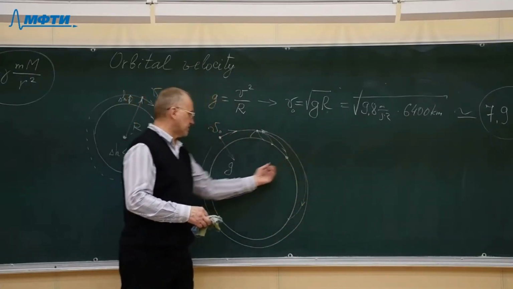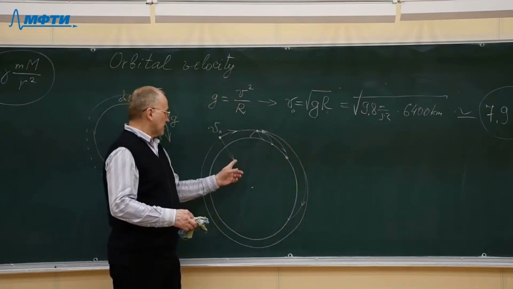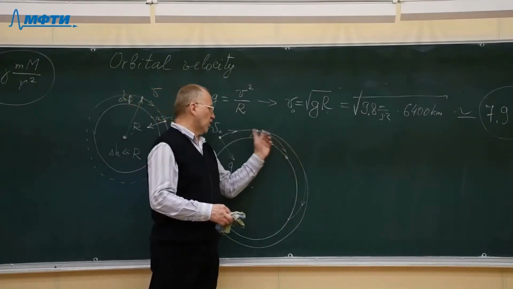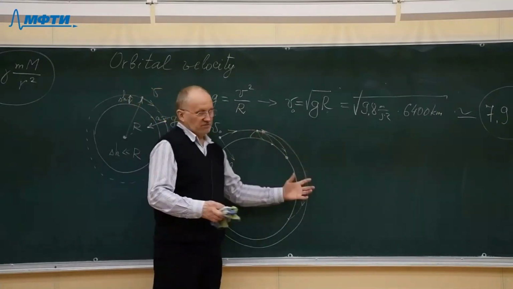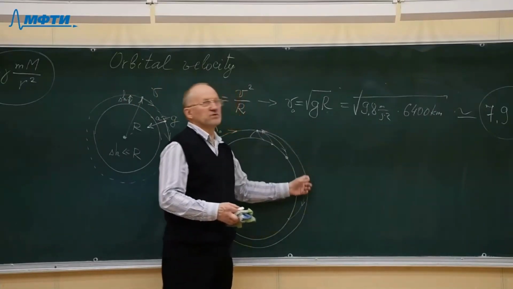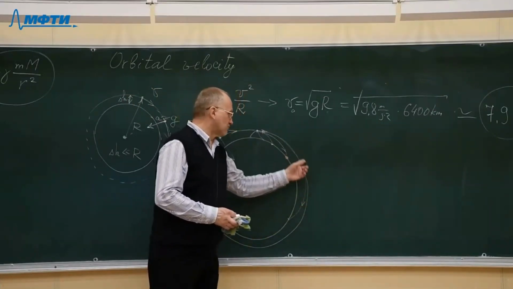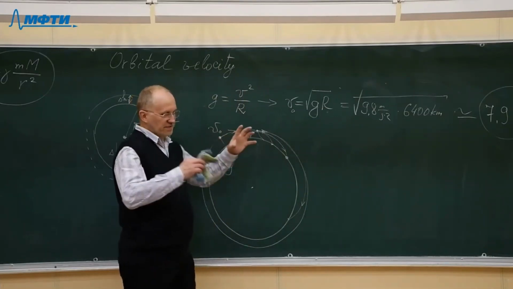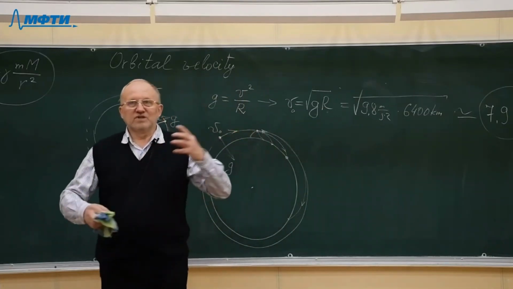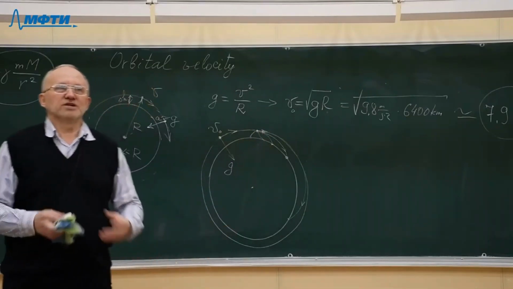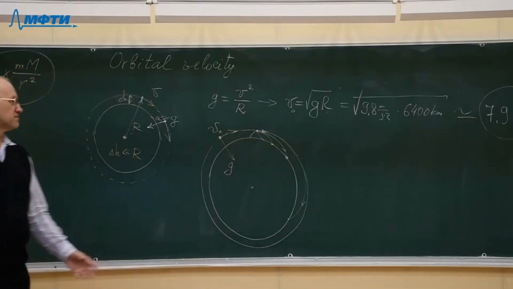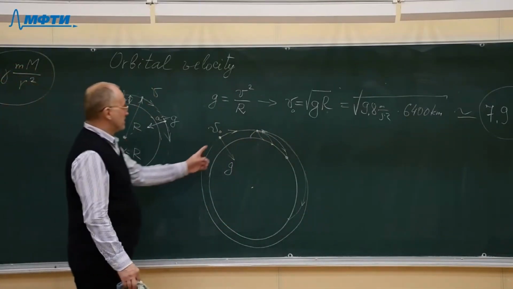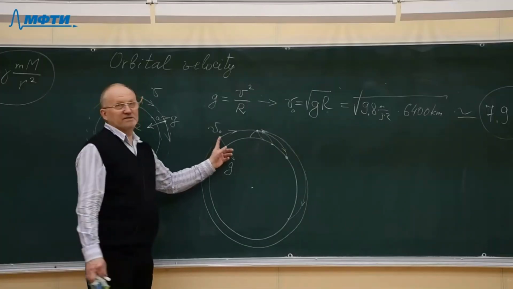Everything has the same centripetal acceleration, all the objects inside the spaceship. And therefore these objects don't move and don't accelerate with respect to the spaceship. With respect to the spaceship, everything inside flies freely without any acceleration, and such a state is called weightlessness. It means that nothing has weight inside this.